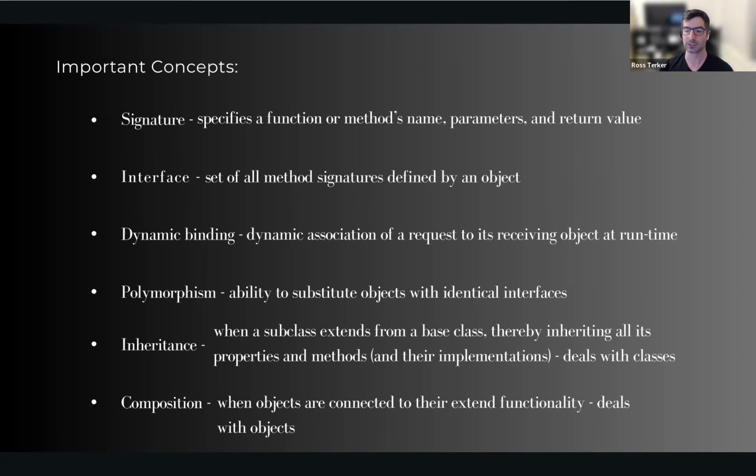This also means you can substitute objects with identical interfaces at runtime. The ability to substitute objects with identical interfaces is known as polymorphism, which is another key concept in object-oriented design. This means you consider the object's interfaces when deciding how objects interact. This lets you decouple objects from each other and have their relationships to each other vary at runtime.